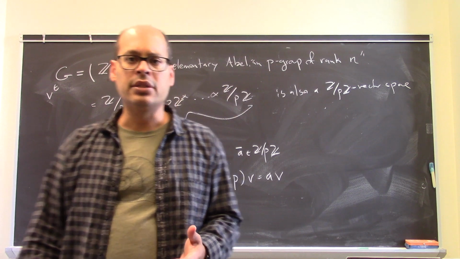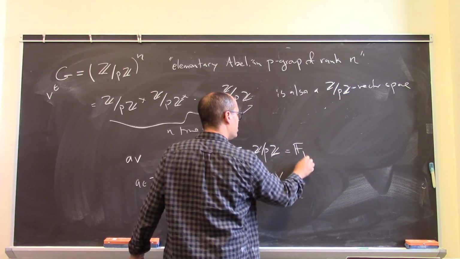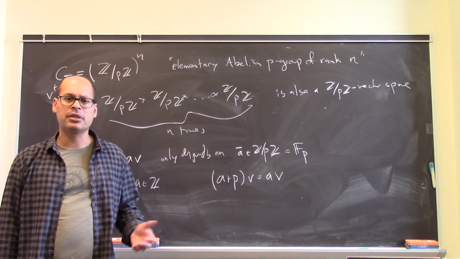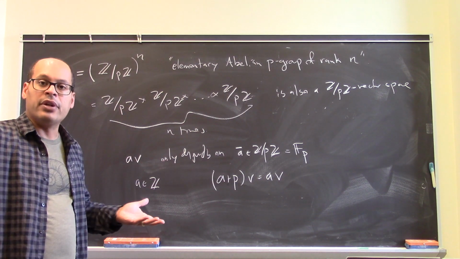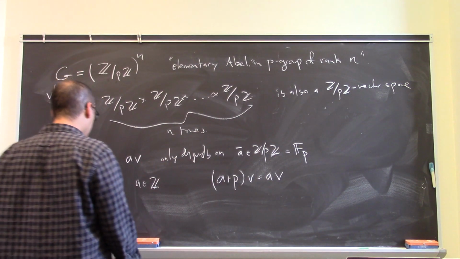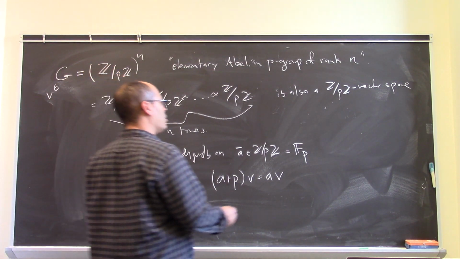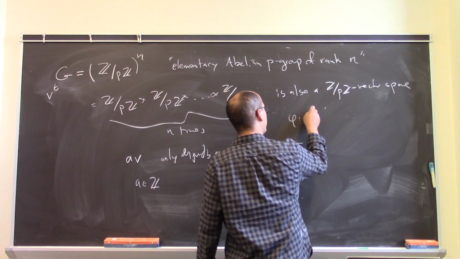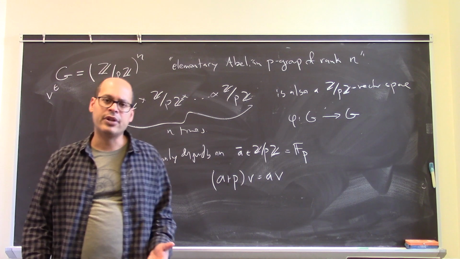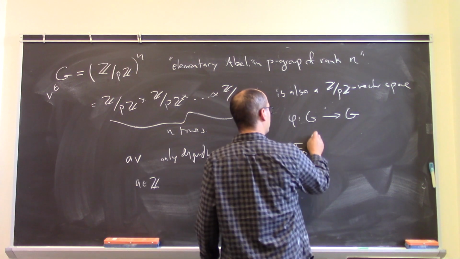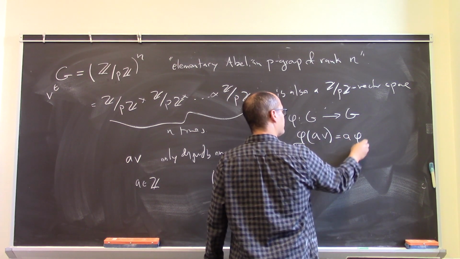And in this way, it's easy to see that, thinking of this as a field, this happens to be the field with p elements, that this elementary abelian group is actually also, for free, a vector space. Moreover, if you have an automorphism, or even just a homomorphism, from G to itself, then because every homomorphism has the property that if you multiply by an integer, then that integer pulls out.